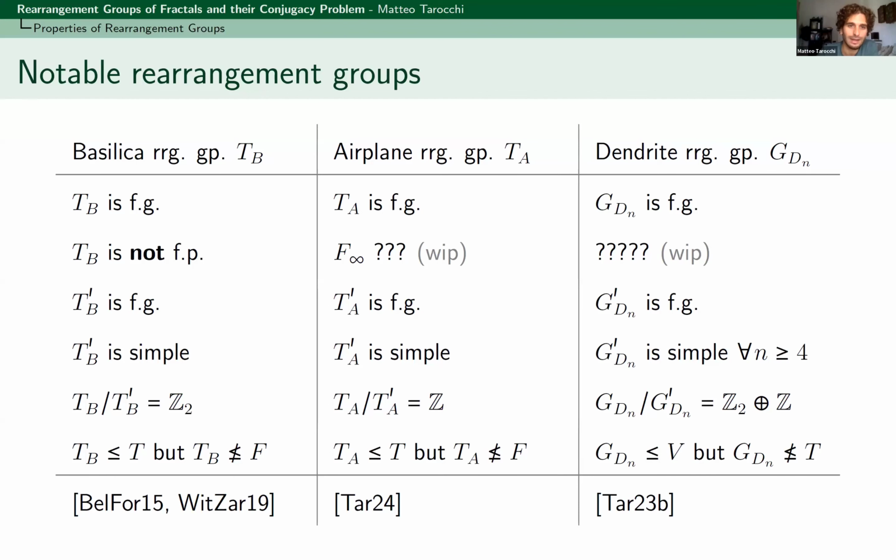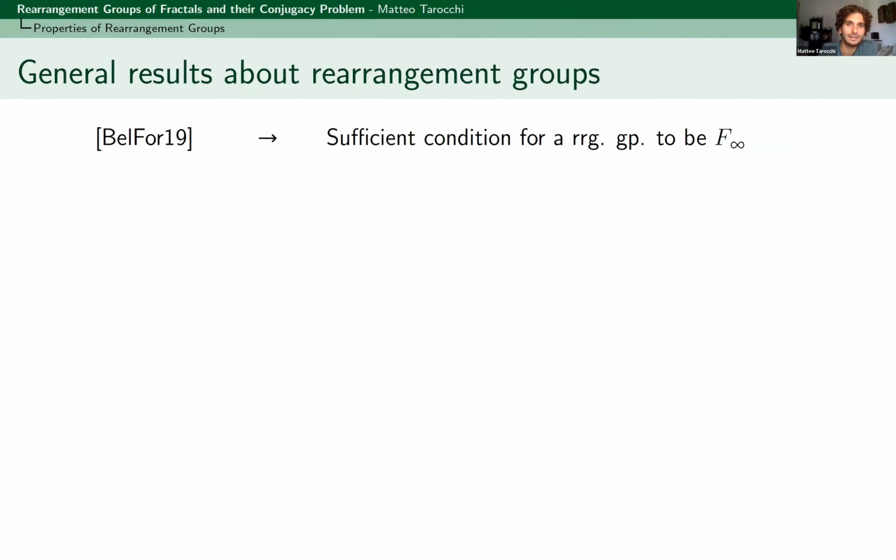All right, so this next slide is going to be filled up slowly, not too slowly, by essentially every result that we know in general about rearrangement groups. So not simply about the examples, but more generally about the family of groups. The main thing that I mention here is that Belk and Forrest, in their original paper where they introduced the family of groups, showed that there is a sufficient condition for these groups to be F-infinity.